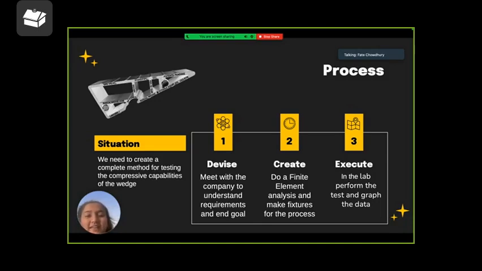Then we created a preliminary finite element analysis simulation where we found out what possible forces could create distortion in the fixtures themselves, and then we executed the same procedure in the lab using load frames.